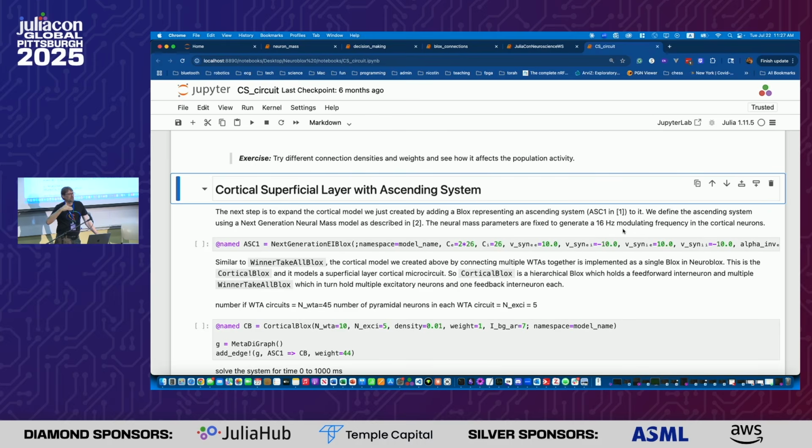When we do reinforcement learning or category learning, that rhythm sets the time scale of learning and not learning. So these are the signals of the circuit being plastic or not plastic.